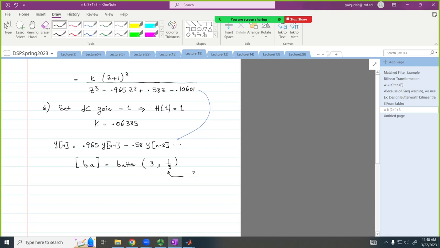Where this 1 over 3 is the 2 pi multiplied by 2,000 divided by 12,000. Omega cutoff is going to be pi over 3, and therefore the 1 over 3 is this part. Make sense?